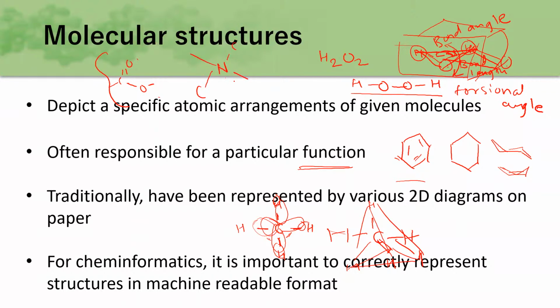If you don't represent it in the correct 3D, when it goes and tries to bind itself here, it is going to have a wrong conformation. So the interaction that will be interpreted will be wrong.